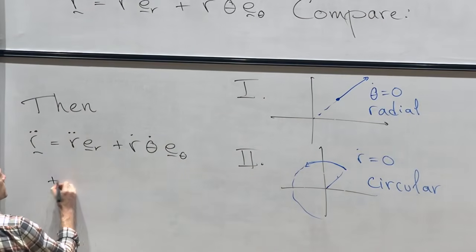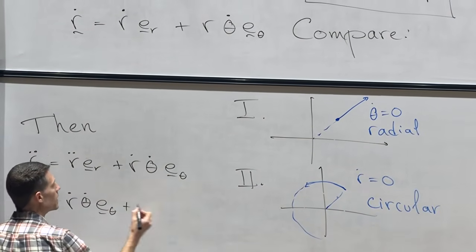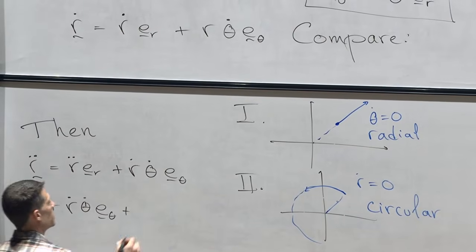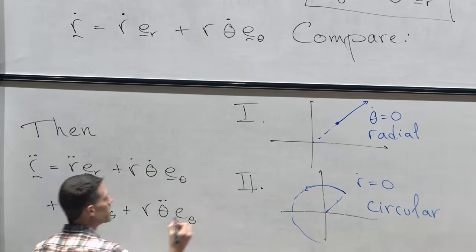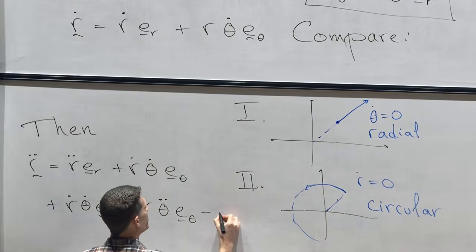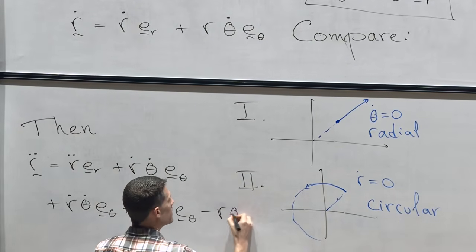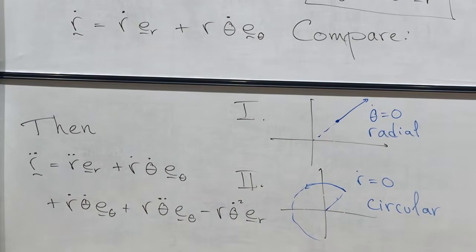It's another r dot theta dot e theta plus an r theta dot dot e theta, and then finally the e theta dot gives me back an er, so that becomes minus r theta dot squared er.